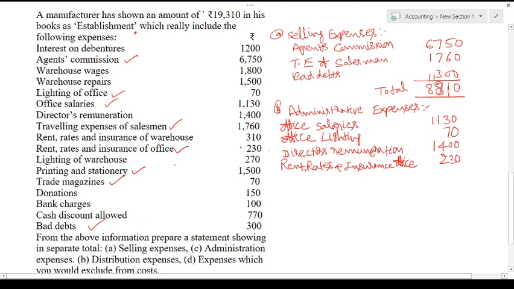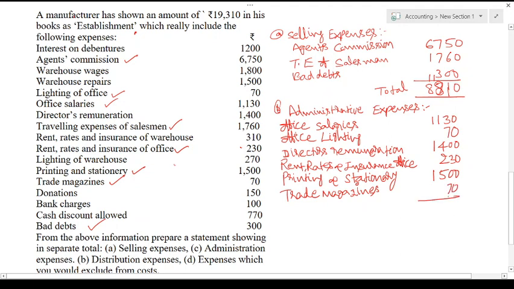Then printing and stationery, how much? 1500 rupees. After printing and stationery, trade magazines, how much? 70 rupees.